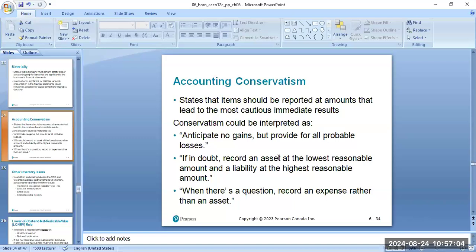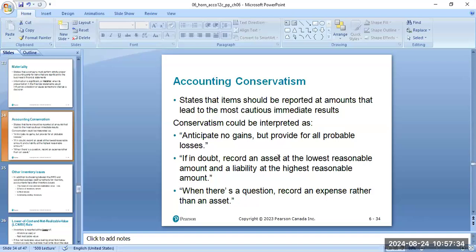It can be interpreted as anticipate no gains, but all probable losses. Conservatism is we eliminate any potential outcomes for increasing the revenue of the company, but we are accounting for all the potential losses of the company.